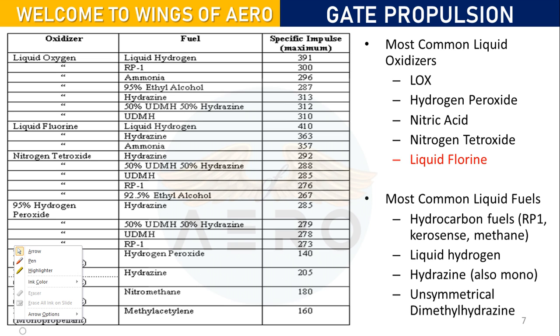Now you must know the list of monopropellants. This is very important. In the list of monopropellants, first is hydrogen peroxide, then hydrazine, nitromethane, and methyl acetylene. These are the monopropellants. So you must remember the different types of monopropellants.